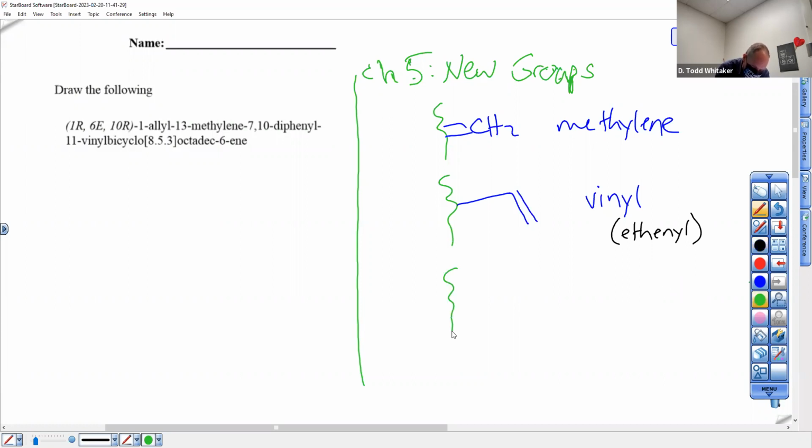And the next one has a CH2 ahead of the double bond. It's called allyl. You can use this name, 2-propenyl. But you must learn allyl.